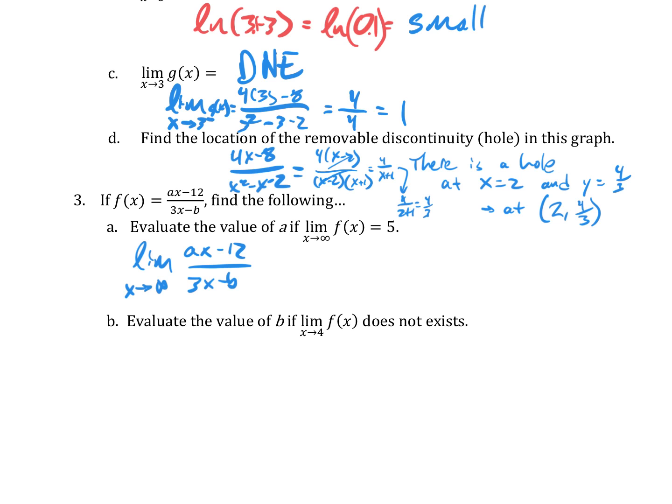Well, let's kind of just work with this a little bit here. As x goes to infinity, these constants go away, right? So this is the limit as x goes to infinity of ax over 3x. And so that's just a over 3, right? Because those x's cancel. And we're saying that equals 5.